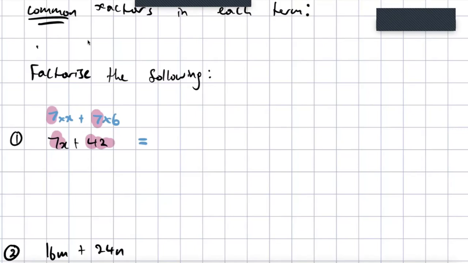So we're reversing it, we're adding in brackets: 7 outside of x plus, oopsie daisy, outside of x plus 6. Now, once we've gotten to this answer, if you're not sure if you've got the correct answer, you can check by expanding your final answer. If you get back to the original, then you should know that you've done it correctly. So 7 times x is equal to 7x, and 7 times positive 6 is equal to positive 42.